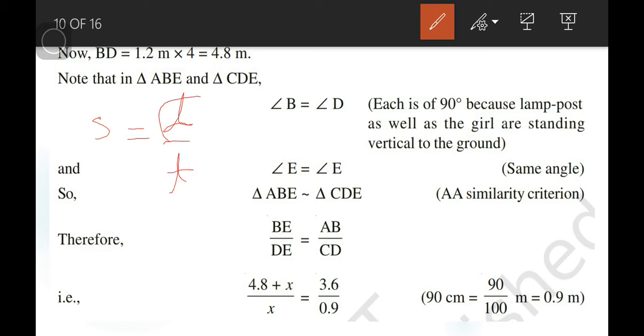We want to find the distance; time is given as 4 seconds and speed is given as 1.2. So BD is equal to speed times time, which is 1.2 meters per second times 4 seconds. So the distance BD is 4.8 meters.